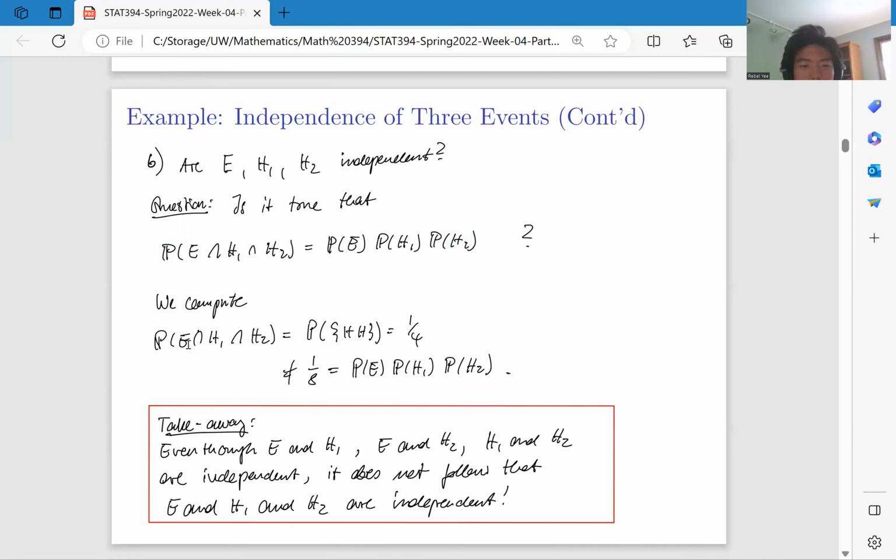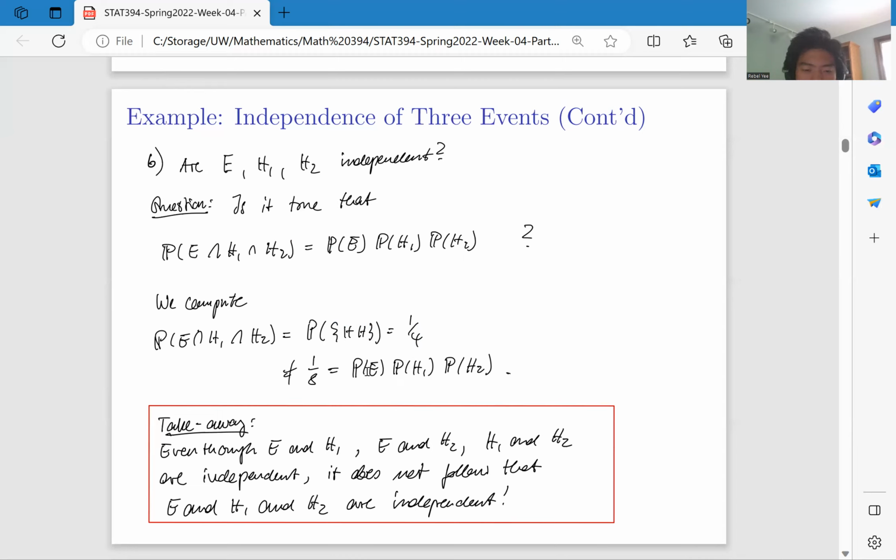So we just compute that. For E intersection H1 intersection H2, we have one element in common, that is HH. That's the one and only term they share, and the probability of HH is 1/4, because we have 4 elements in total.